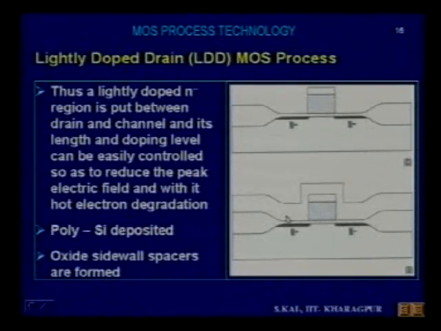This polysilicon is deposited to form the oxide sidewall spacer. Now we oxidize the polysilicon. Because of that oxidation, silicon dioxide will form in this region, and in the sidewall region also. The polysilicon will be converted into silicon dioxide if you go for thermal oxidation.